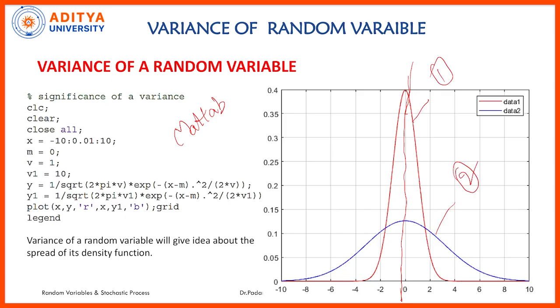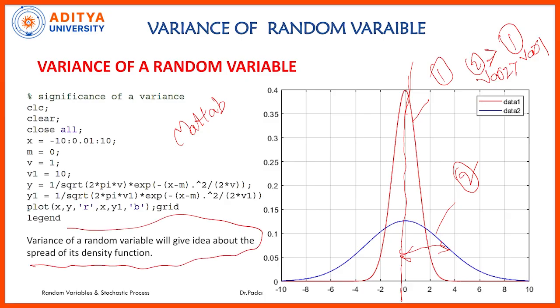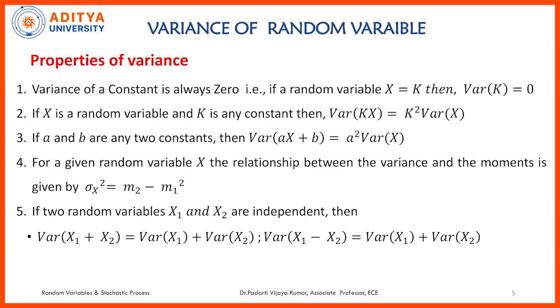You can see more deviation is happening in data 2, so data 2 has more spread or more variance compared with data 1. So the variance of data 2 will be greater than the variance of data 1. Variance of a random variable gives you an idea about how much spread is happening in the given density function.